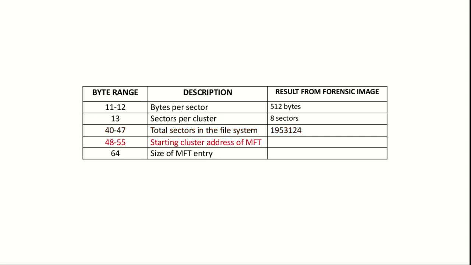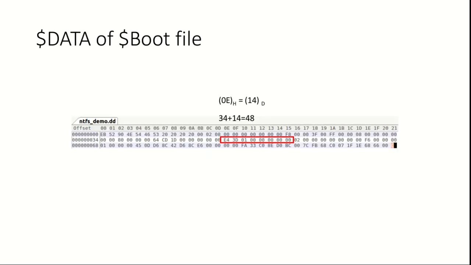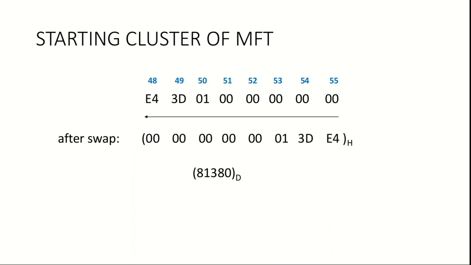Now, for the starting cluster address of MFT from bytes 48 to 55. Again, we focus on the second row and look 14 decimal positions away from row offset 34 to get byte 48. On retrieval and swap, we get the starting cluster address of MFT as 81830.